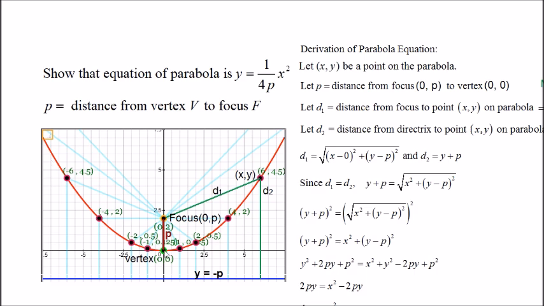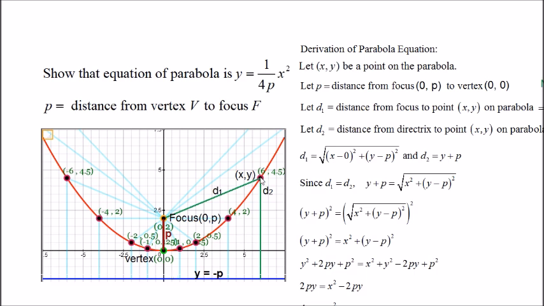The distance from the vertex, which is at (0, 0), to the focus, we call it p. And therefore, the focus is at the point (0, p). And therefore, the distance from the vertex to the directrix is also p.